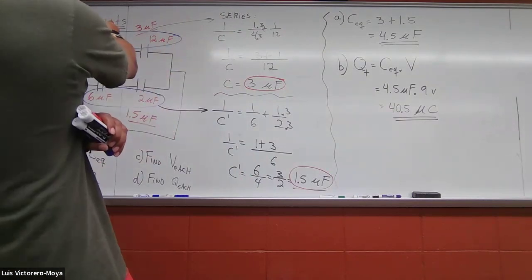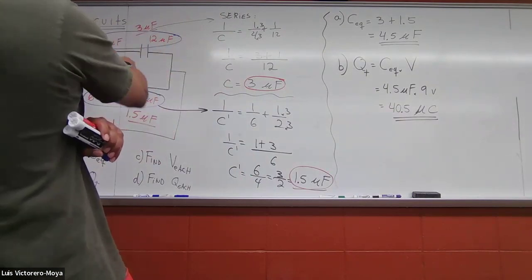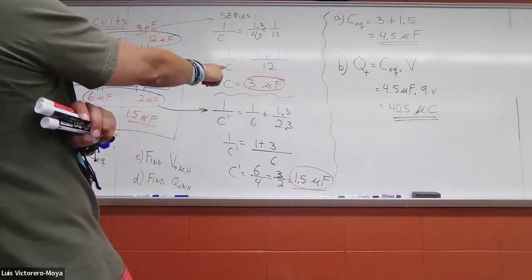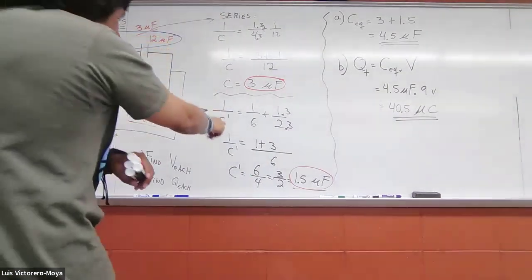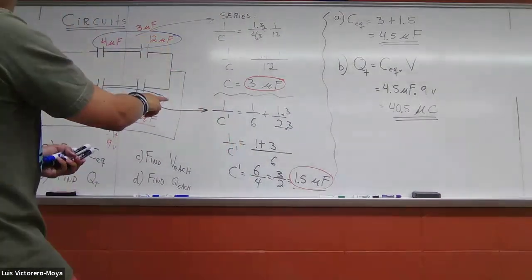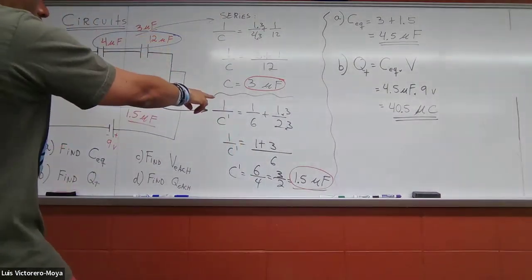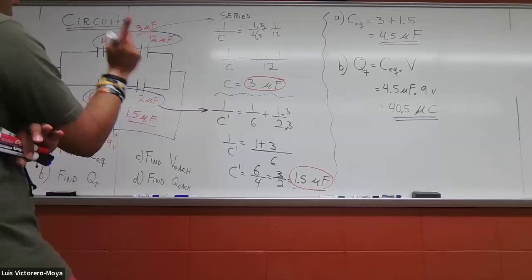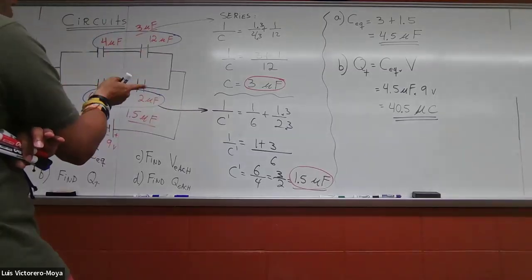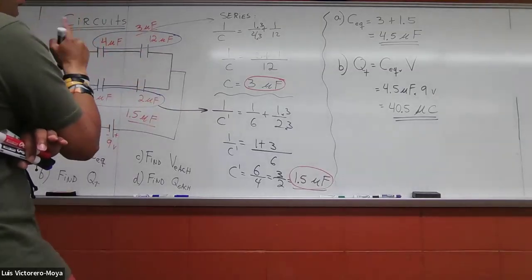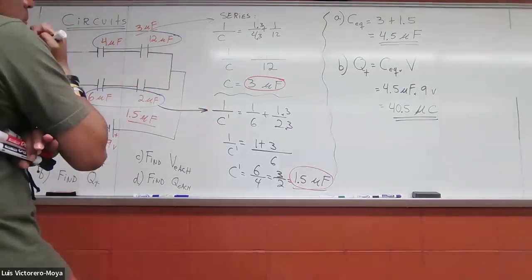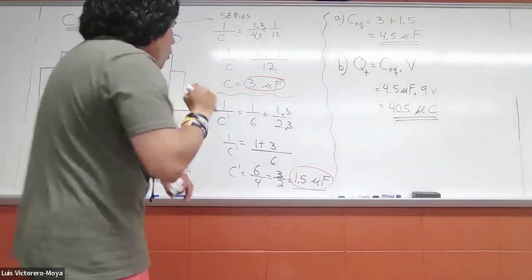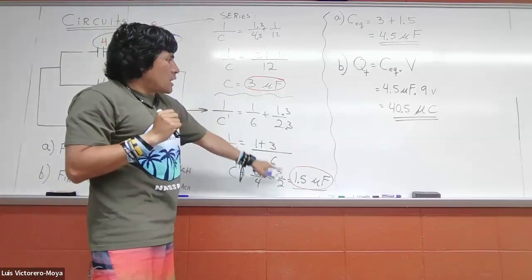You have 4, 12, 6, and 2. 4 and 12, you combine them in 3, and 6 and 2 were combined into 1.5. Now, 4 and 12 are in series. 6 and 2 are in series. But 3 and 1.5 were in parallel. So automatically, you know what's the voltage here and here.